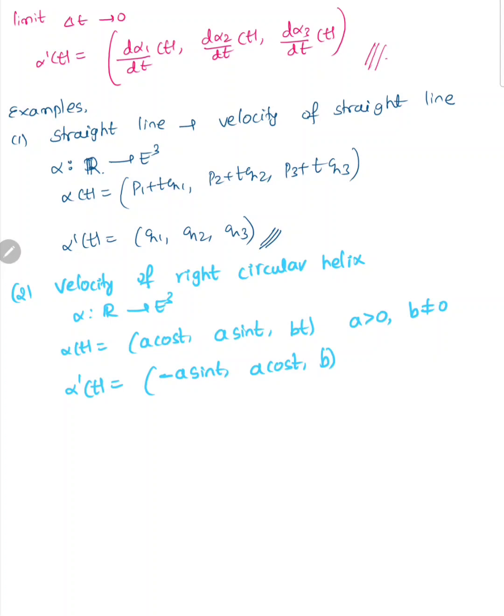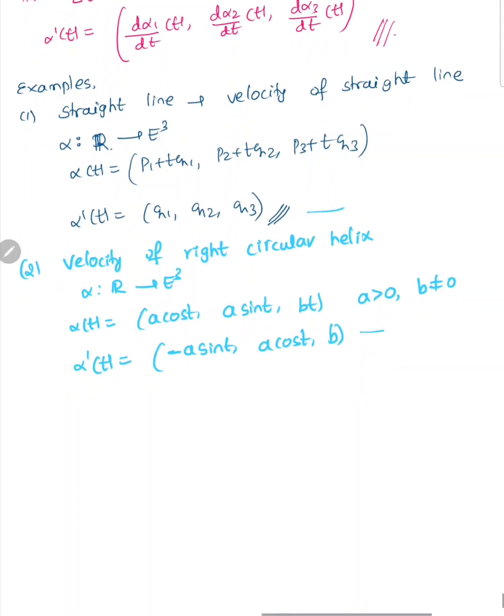We can observe one thing from both velocities, of the straight line as well as the right circular helix. We can note them separately. First one is for the straight line. We can see the velocity vector of the straight line contains constant terms only.